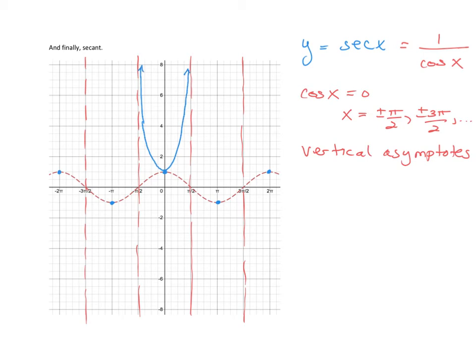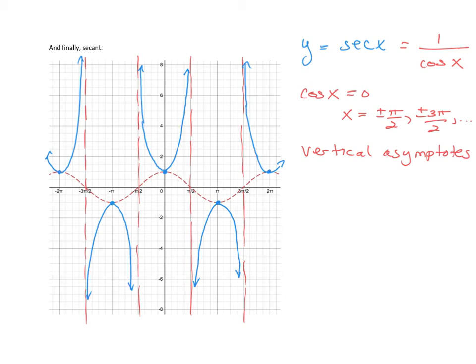The same thing happens over here and here. The only difference between here and here is that the graph will be negative instead of positive, and so the picture that you get looks like this. Here's the graph of the function.